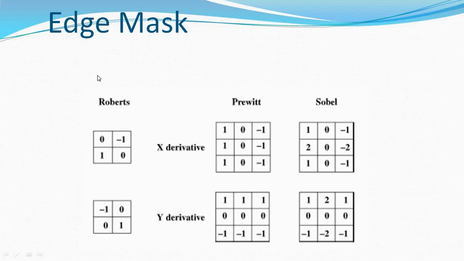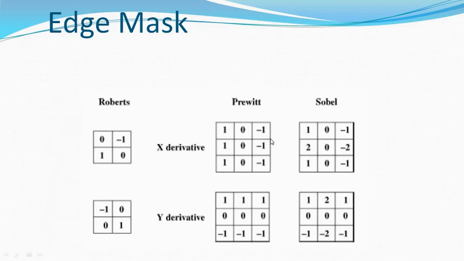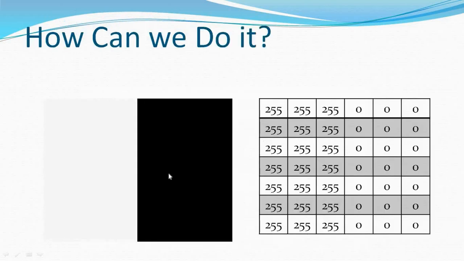So here you can see this is the Roberts mask. What this particular mask will do is subtract the pixels diagonally. So if I put a Roberts mask, it will do this 255 minus this 255, which will give you an answer of 0.